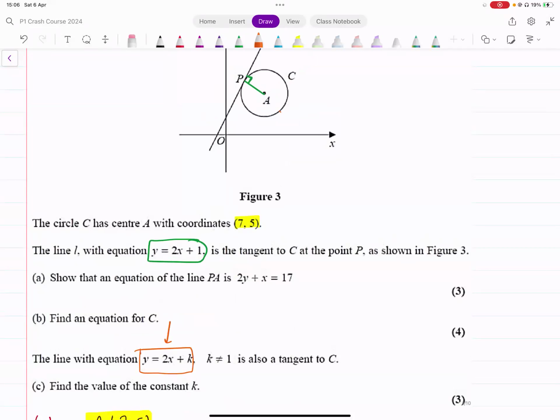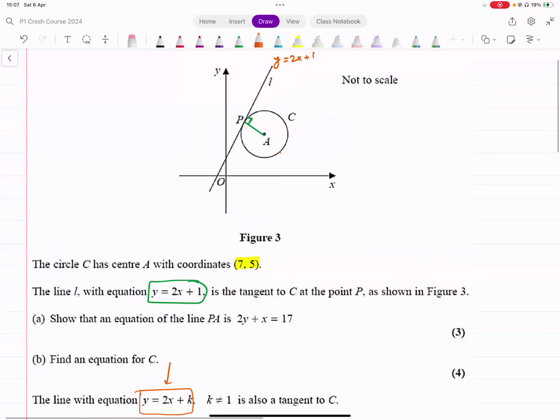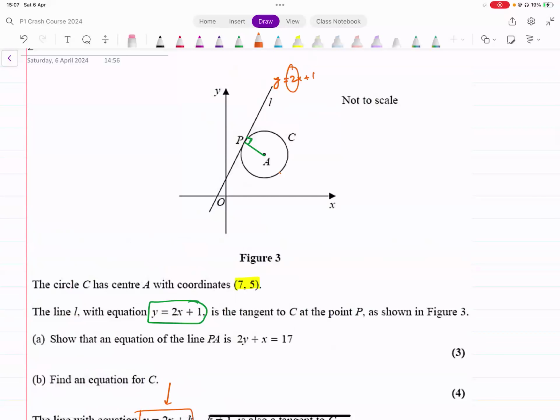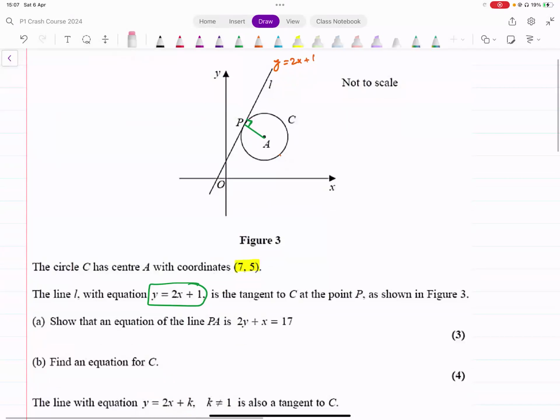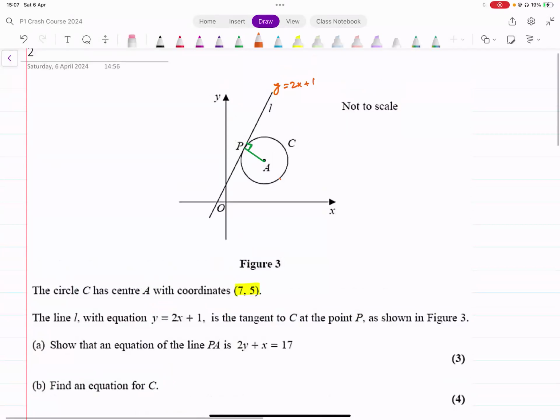What's the gradient of this tangent? y equals 2x plus k. 2. It's 2, right? And the gradient of the previous tangent that we had, that's also 2. So basically this other tangent that we're talking about has to be parallel to this first tangent.